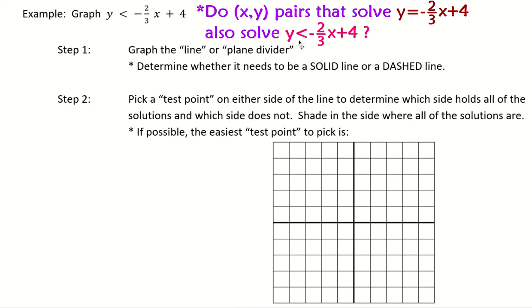But if you plugged 3 comma 2 in here, you would have 2 is less than negative 2/3 times 3 plus 4.